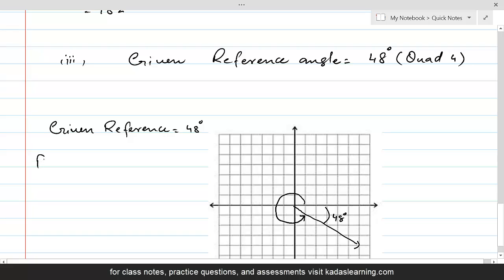So the principal angle is equal to 360 minus 48 degrees, and that would give us 312 degrees. That is the required principal angle, 312 degrees.